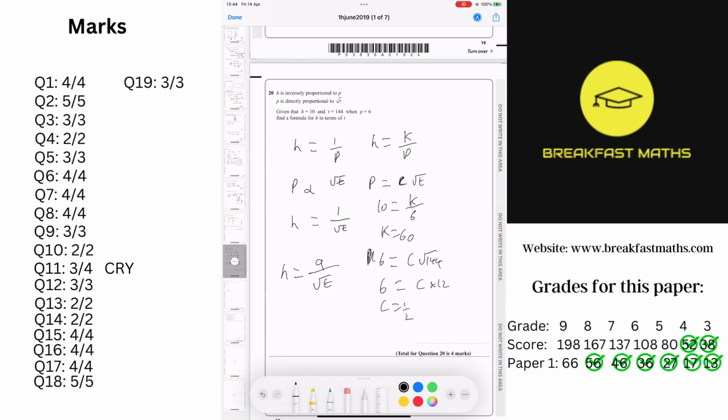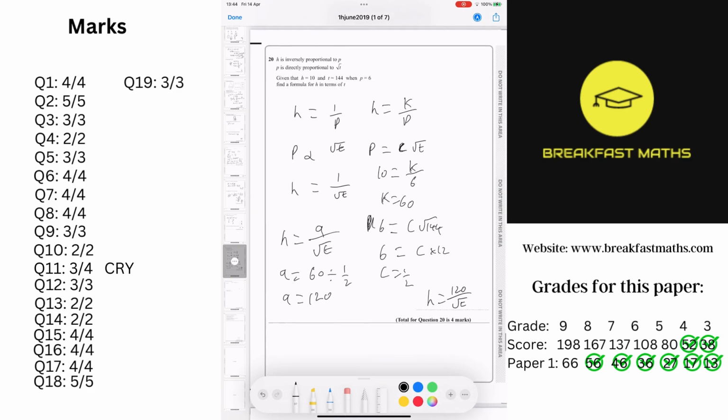So we've got 60 divided by a half, which is 120, which is going to be our a. So we'll end up with h is equal to 120 over root t. I think for this one, that's good.